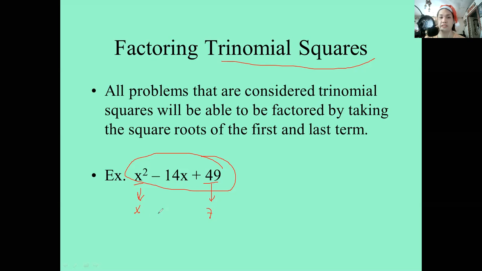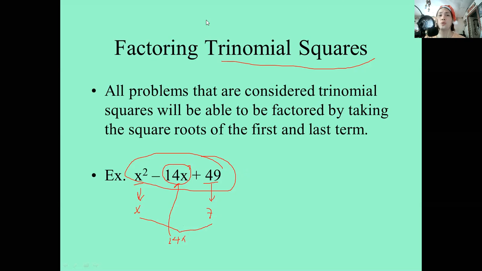Then multiply them and twice it: 7 times x, twice, gives you 14x. So this trinomial is a perfect square trinomial.